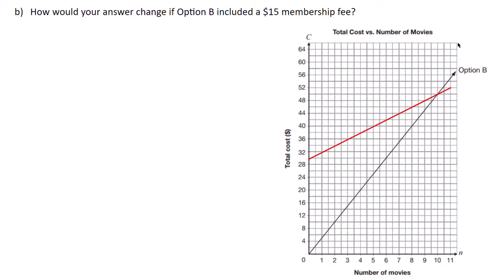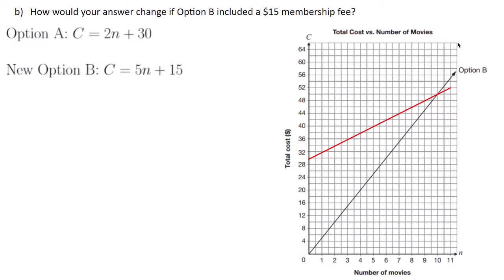Now, how would our answer change if option B included a $15 membership fee? Well, the first thing that we need to notice is that a $15 membership fee is a fixed cost. So we can just add that $15 to option B's cost. That means that option B is now going to start at $15 instead of 0.